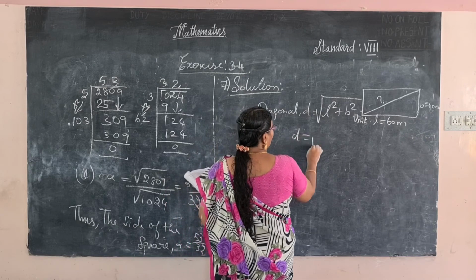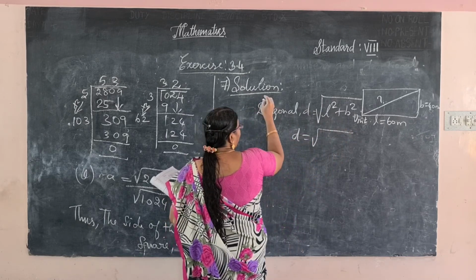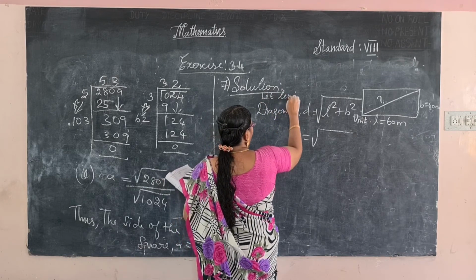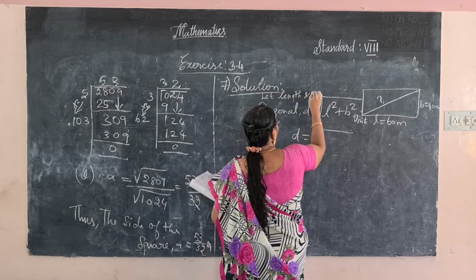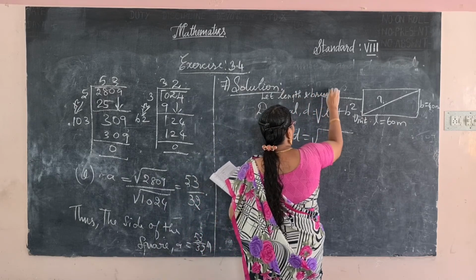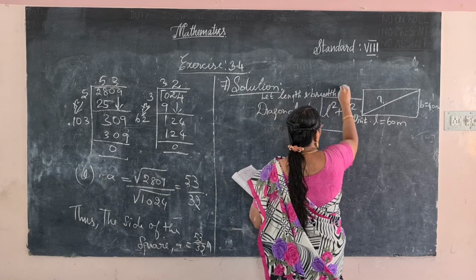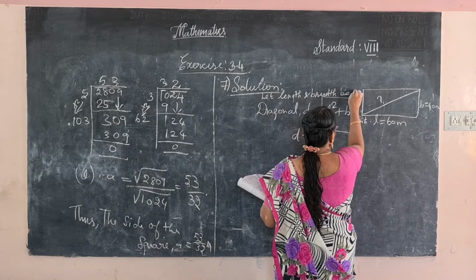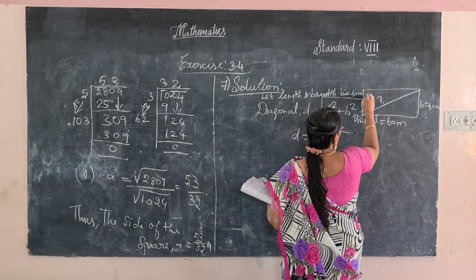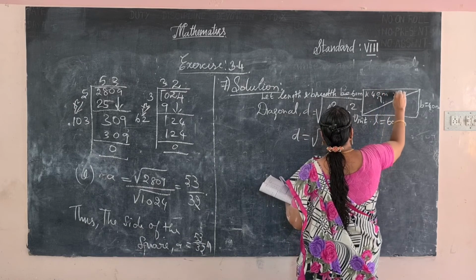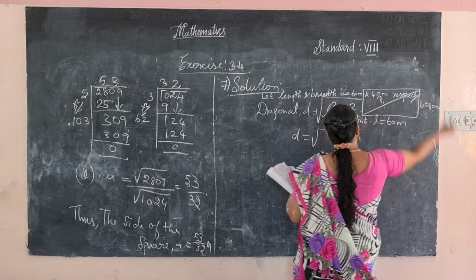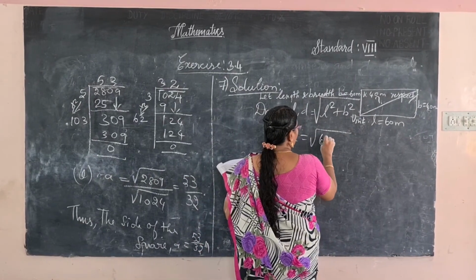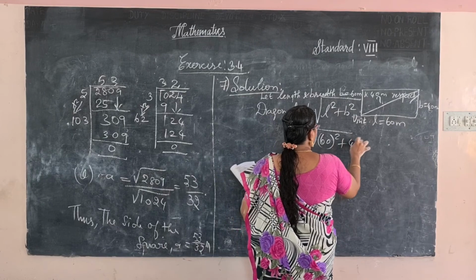D is equal to, length L and breadth B are 60 meter and 40 meter respectively. So substitute the values. The L value was 60, the whole square, and the B value was 40 square.